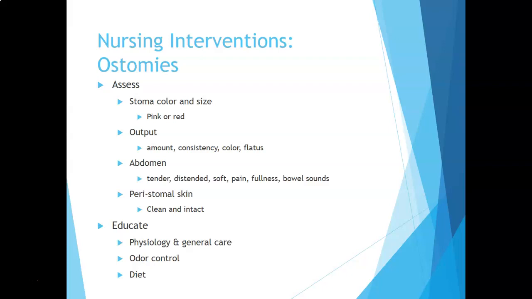Do they feel constipated? And make sure you're assessing for bowel sounds as well. That peristomal skin, again, clean it and protect it. It should look really good. If that liquid stool or any stool has gotten anywhere on the skin, it might start to break it down. So make sure at all times you're cleaning and keeping that skin as intact as possible.